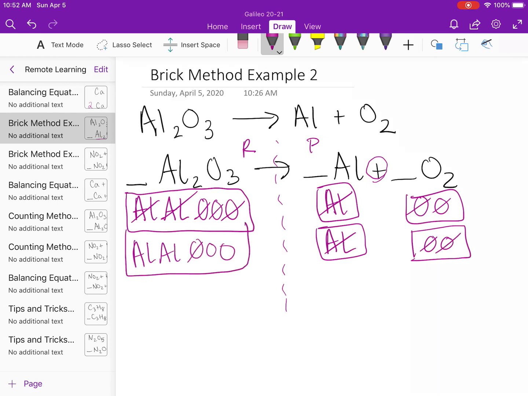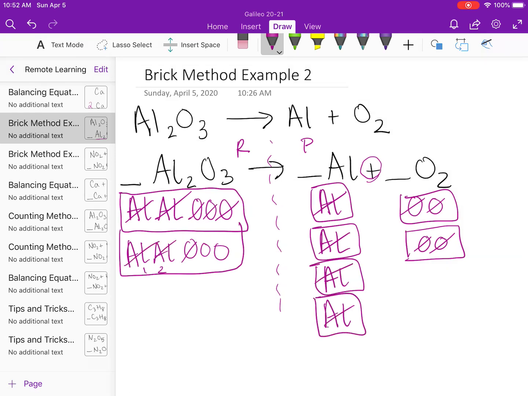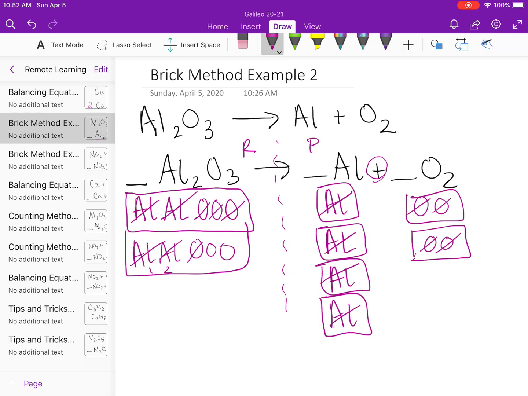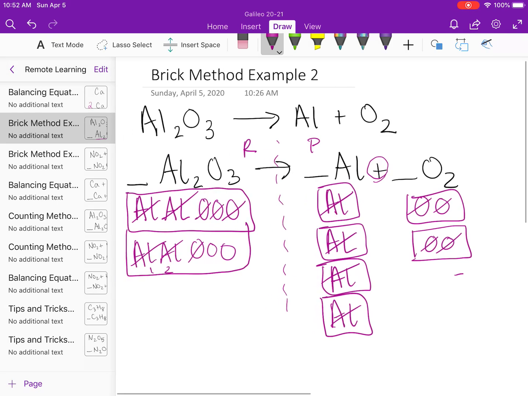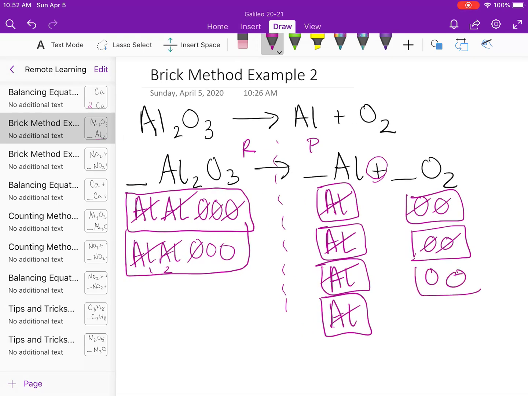So now we've got extra stuff on the left side of the equation. That's okay. You kind of go back and forth when you're doing this type of problem. So I need at least 2 more Als. So let's go ahead and add those. That's 2 more bricks over here. And then I need another 2 oxygens, so I can add another brick over here.